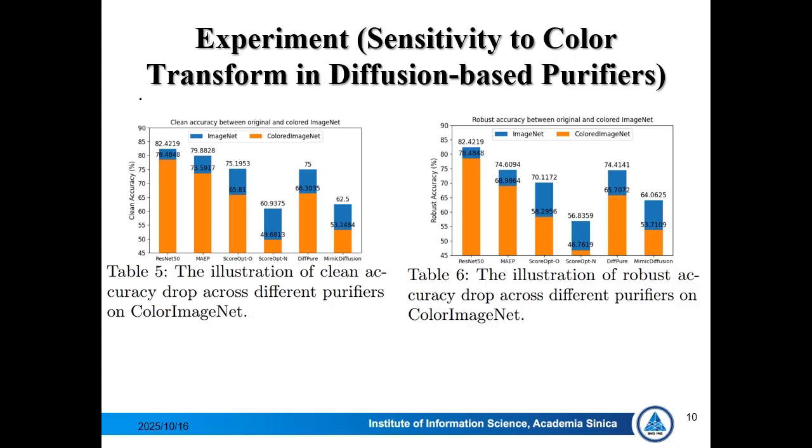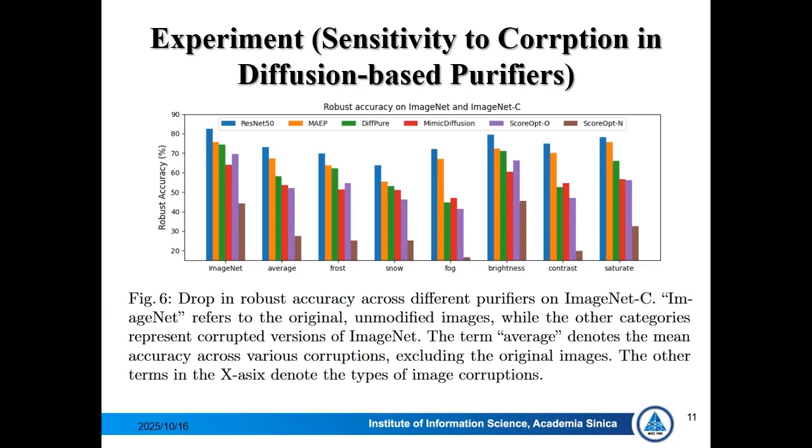From the results, we can observe that MAP exhibits a smaller accuracy drop in both cases, indicating better robustness and color generalization. In contrast, the diffusion-based purifiers suffer from larger performance degradation, particularly when facing color transformations.